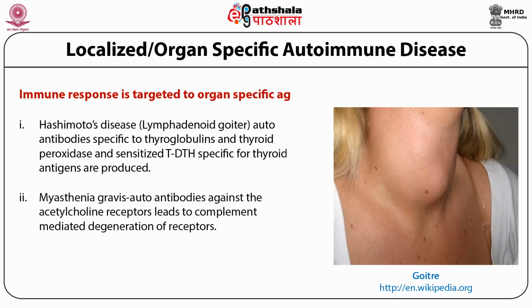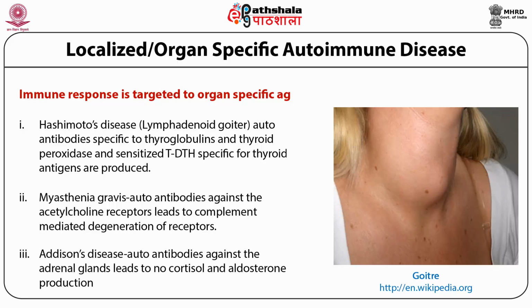Myasthenia gravis. In this disease, autoantibodies are produced against acetylcholine receptors on motor end plates of muscles. This not only blocks normal binding of acetylcholine to its receptor but also leads to complement-mediated degeneration of receptors. The result is weakening of skeletal muscles.